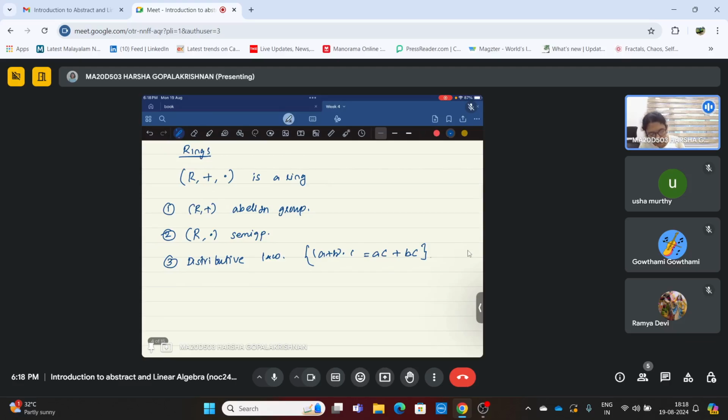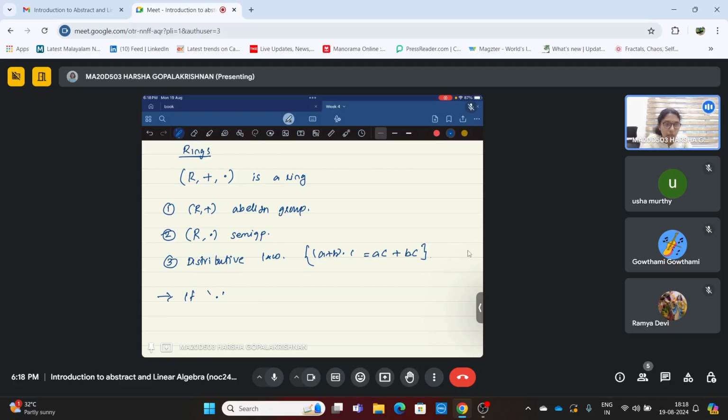Now what is a commutative ring? We have seen (R, +) is an abelian group, that is plus is a commutative operation, but R with dot is a semi-group, which means we have closure and associativity, but we don't know whether dot is commutative or not.